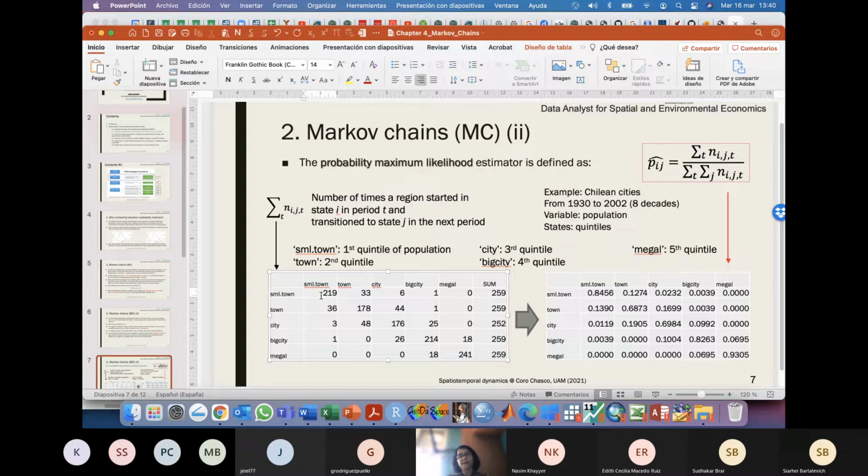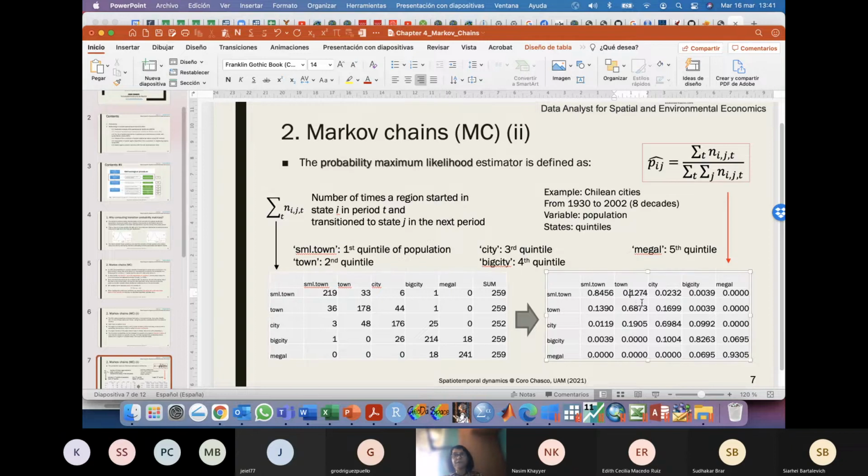Here, the number of cities or locations that, being a town, so staying in the second quintile, end up in the next period in a small town are 33, and so on and so forth. So this is how we should interpret these results.